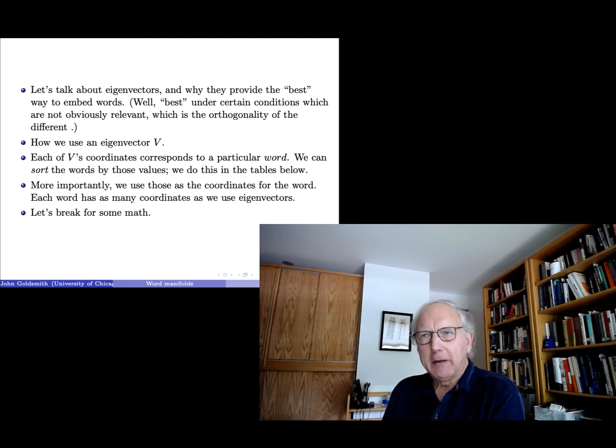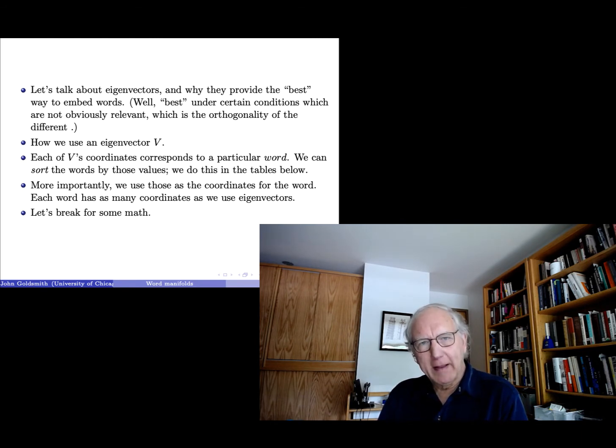So that's how we're going to be using the eigenvectors, but then bear this in mind. This is the part that's a little counterintuitive at first. Each of these v's, because they're vectors in this space that we've already set up, has a coordinate, of course, and the coordinates correspond to words. Remember?